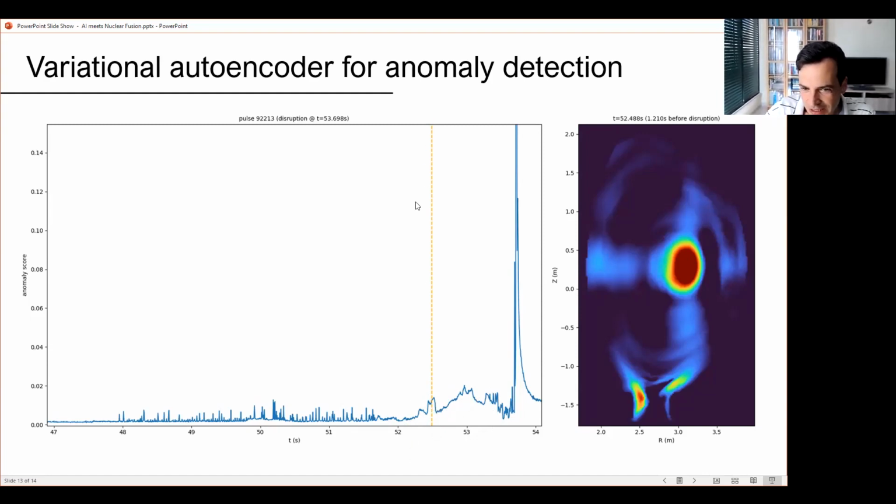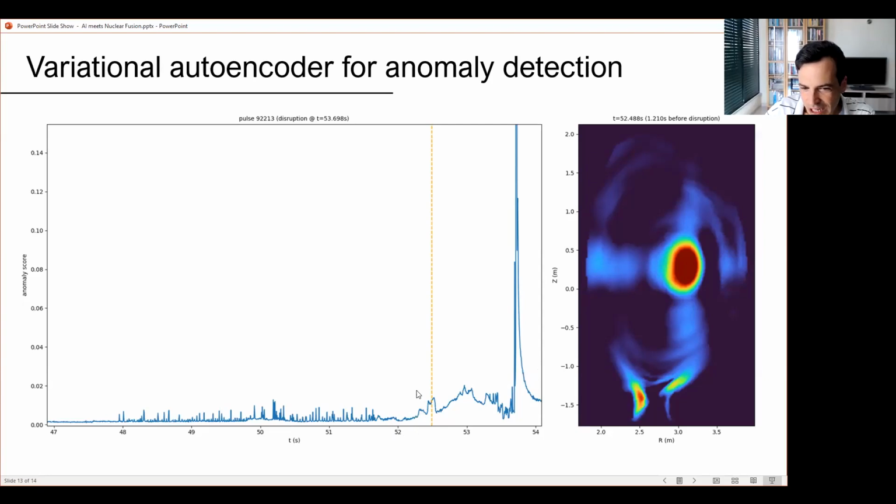And if we go and investigate the reason why, what are we actually giving the model at this point in time? This is the point in time, as you see here on the right-hand side, where core radiation starts to develop.